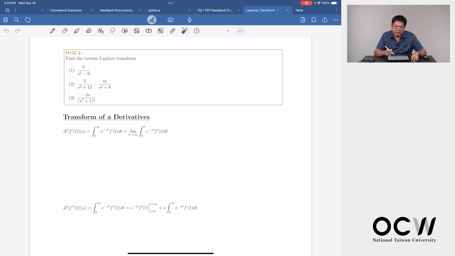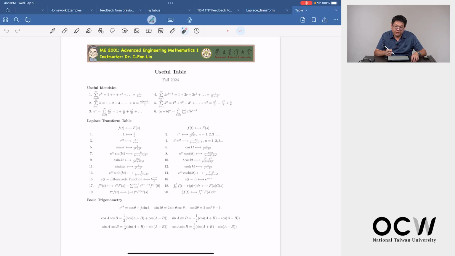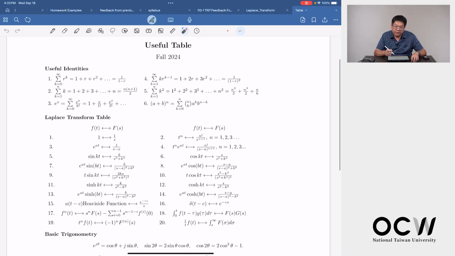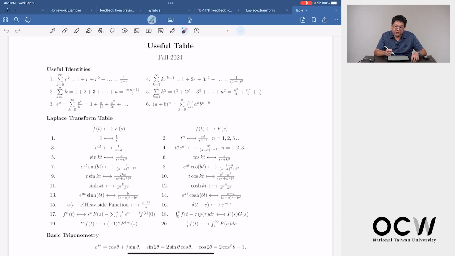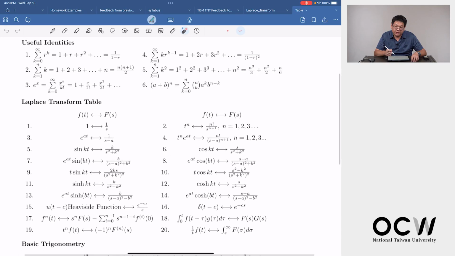And I have already uploaded the table on the NTU core. As you can see this table. Okay, the second part, you can see the format from the last lecture, to see the inverse Laplace transform.